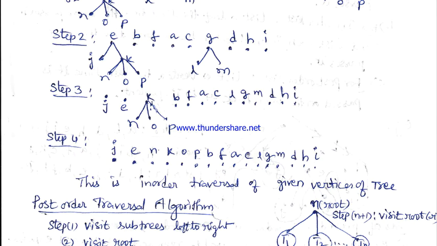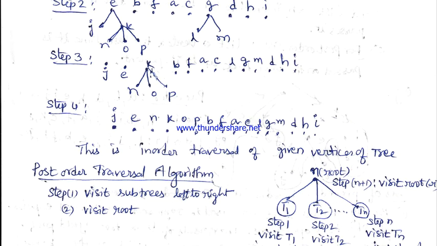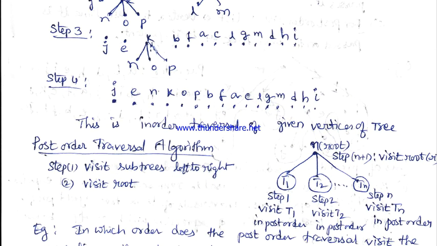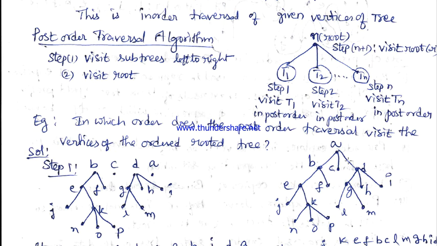Now the third type of traversal algorithm we have is the post-order traversal algorithm. As shown in the diagram here, according to this algorithm, first we have to visit all the subtrees from left to right, and finally we visit the root vertex.